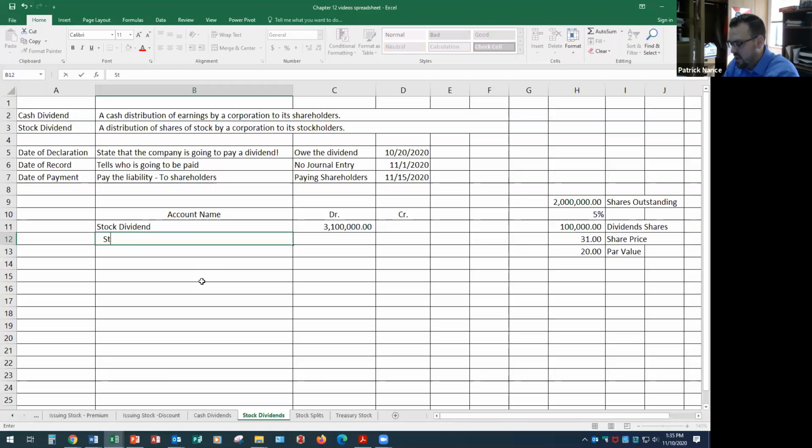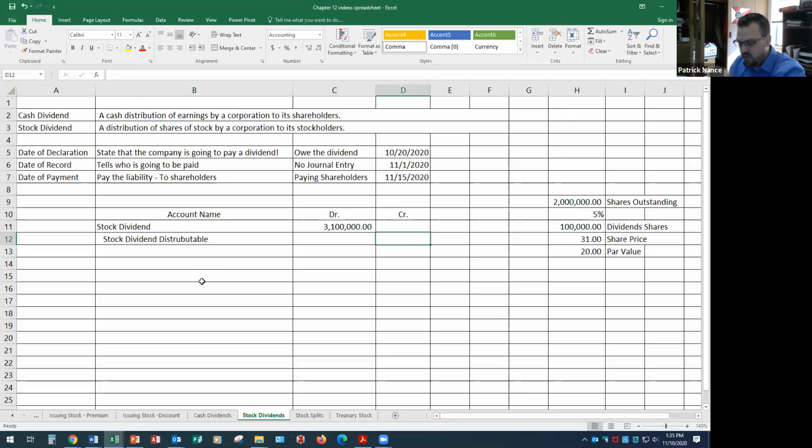Now I'm booking a stock dividend distributable, and this is a liability of sorts. The only difference is it's not a cash liability. It means I need to distribute the stock, but I only am going to credit this for the amount of the par value. So 100,000 shares times the par value.